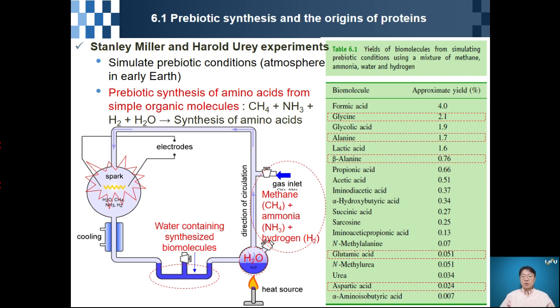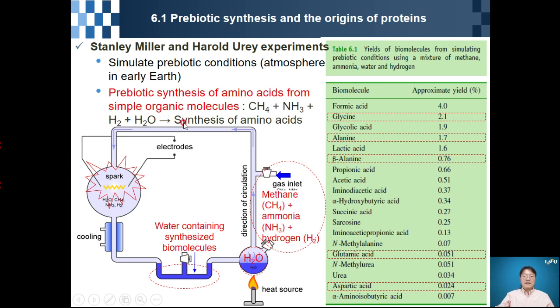So among the biomolecules there were 5 amino acids, especially the 4 amino acids glycine, alanine, glutamic acid and aspartic acid, which were synthesized during these reactions. So it means that amino acids can be prebiotically synthesized from simple organic molecules, especially methane, ammonia, hydrogen and water.